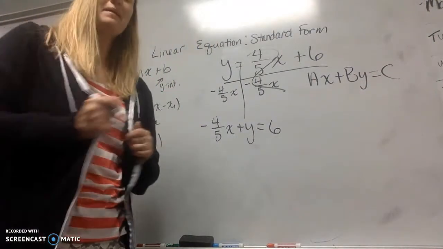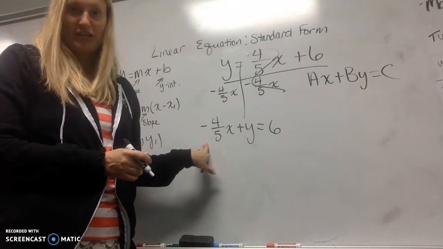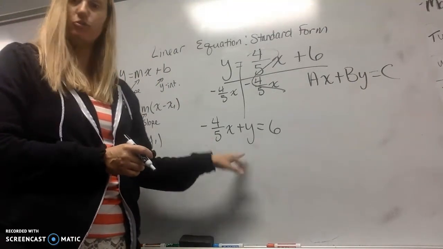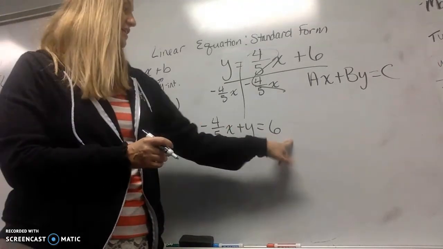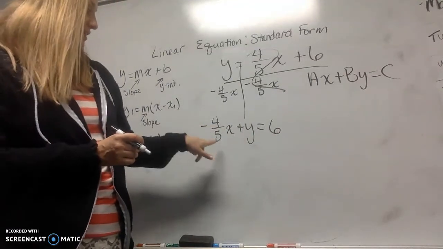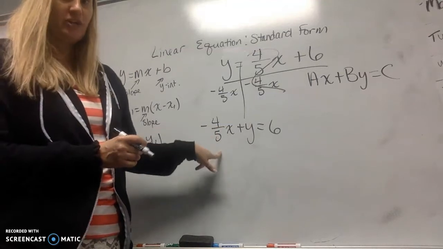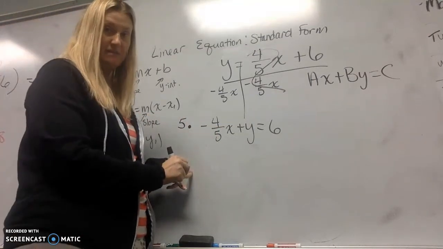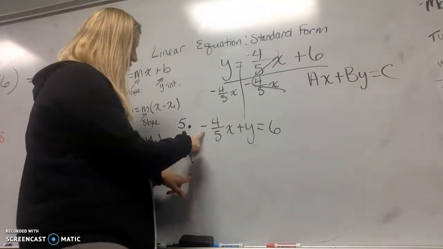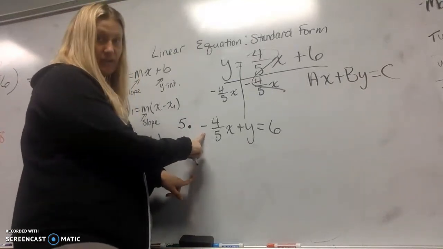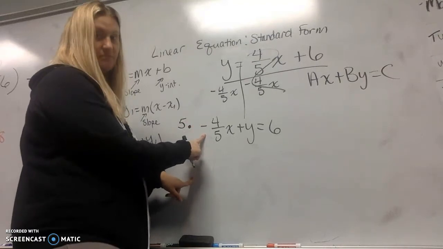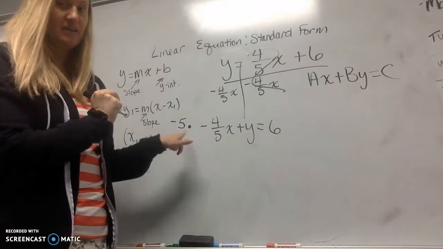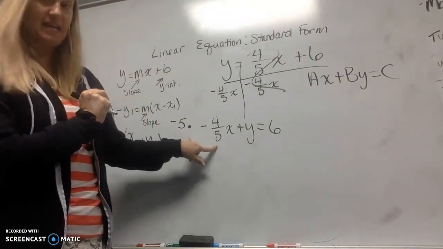However, remember, I can't have fractions or decimals, and A cannot be negative. So I need to multiply through, which we can do as long as we do it to everything, to get rid of the 5. So in order to get rid of the 5, what I want to multiply by is 5. Now, I also want to get rid of the negative. And how I get rid of a negative is by multiplying by -1. So what I'm going to do is just multiply by -5. Multiplying by 5 gets rid of that denominator.